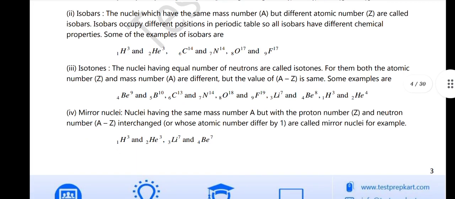The third is isotones. Nuclei having an equal number of neutrons are called isotones. Many examples are given, like carbon, nitrogen, oxygen, helium.